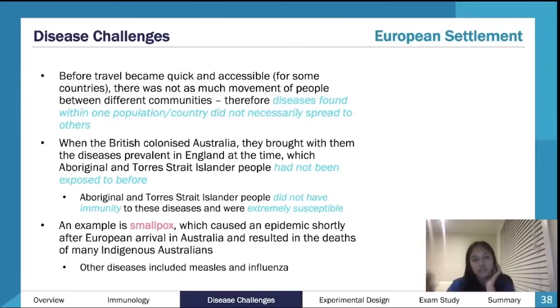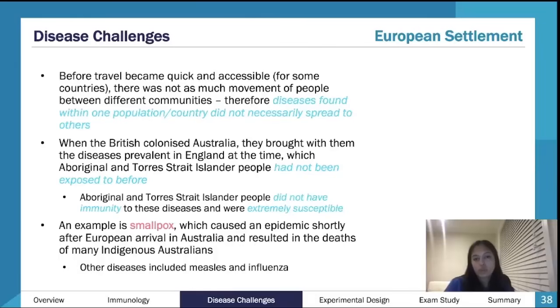So we can see smallpox, measles, influenza, this sort of thing that again would be prevalent in the UK or in Britain. And then it's this idea of bringing it to an area where Aboriginal and Torres Strait Islander people hadn't been exposed to before. So they don't have any prior immunity, and they're extremely susceptible to these diseases, and it can wreak a lot of havoc.